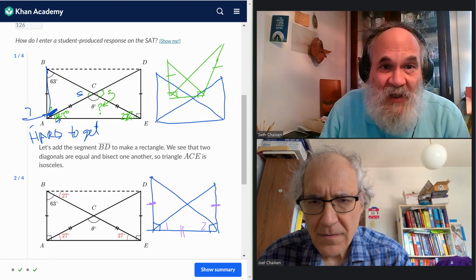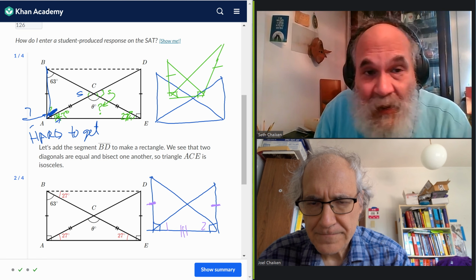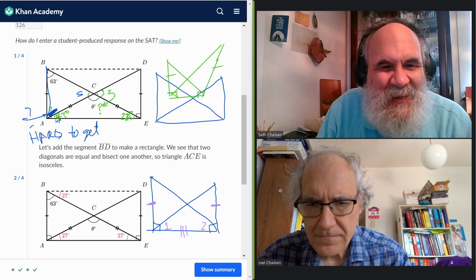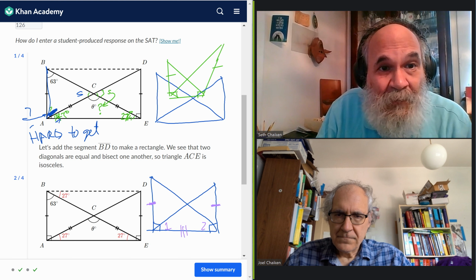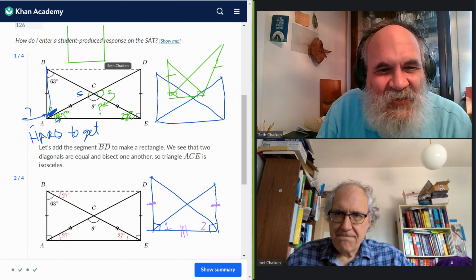Well, another misleading way of doing it is: they should have given you the figure in which the whole thing fits into a square. Like that. This is not to scale.